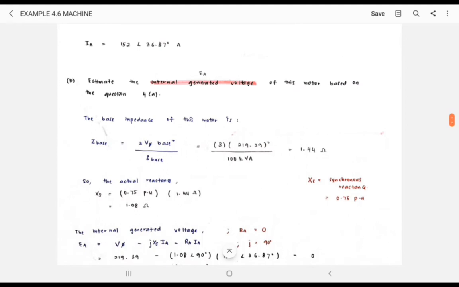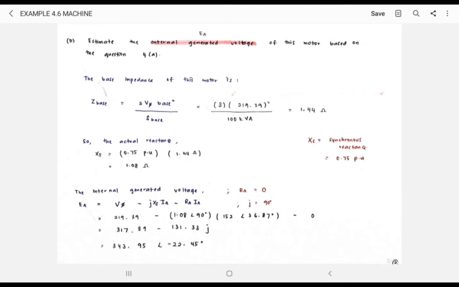Next, for question B, estimate the internal generated voltage of this motor based on question 4A. The base impedance of this motor is Z base equals 3 V phase base squared over S base. The answer for Z base is 1.44 ohm.